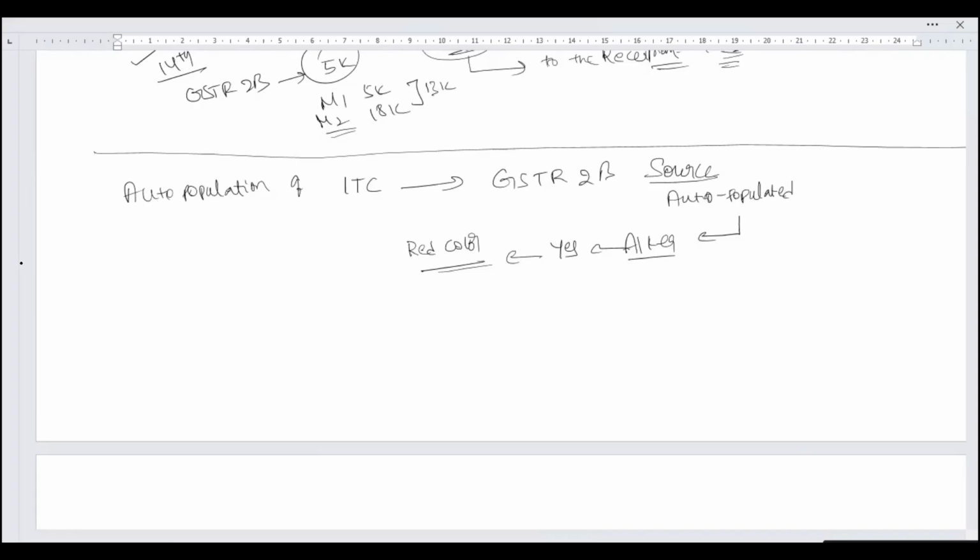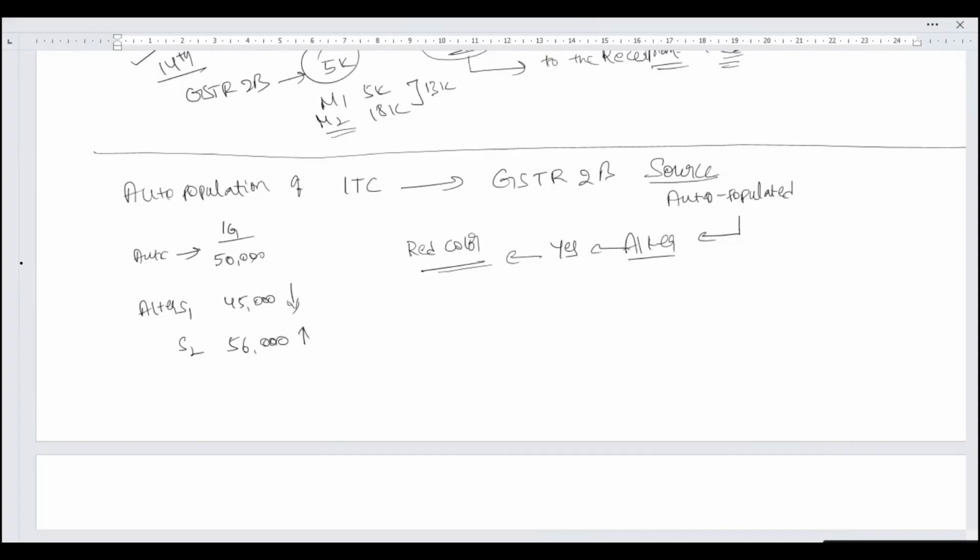How? Assuming there is auto-populated input tax of, say, IGST 50,000. Scenario 1, scenario 2: 50,000 I made to 45,000, no red color. 50,000 I made as 56,000, red color. So if you have claimed less, they're okay with that.